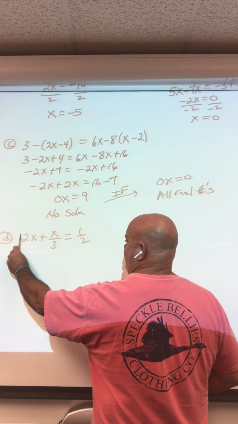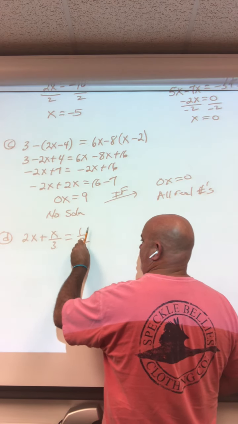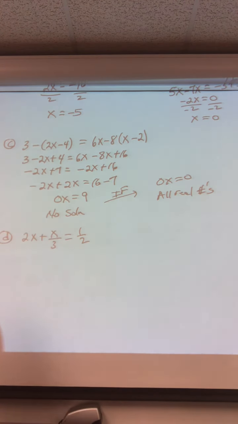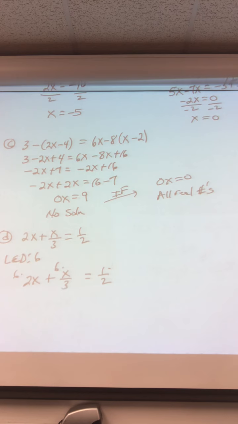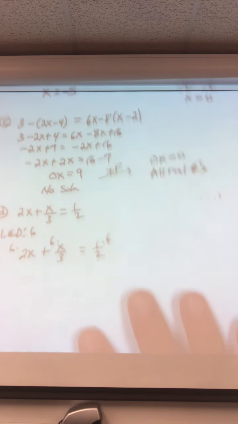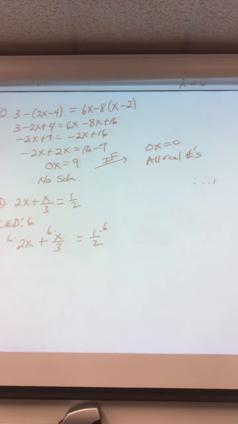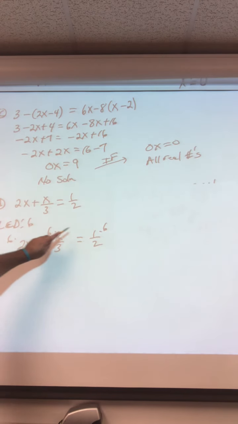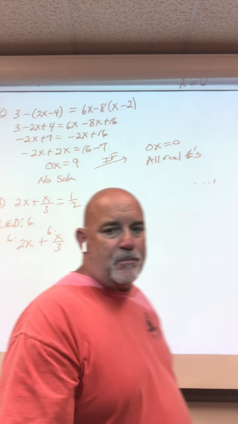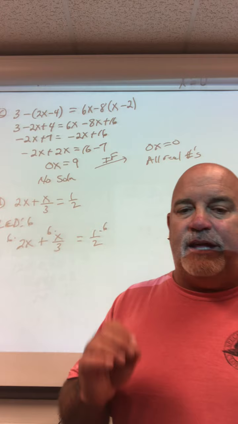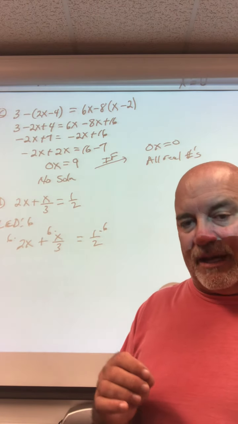So, I'm going to put a 6 here, a 6 here, and a 6 there. So, I did that in the next step. So here's the 6, here's the 6, here's the 6. Now, what's the purpose in doing this? To get rid of fractions.